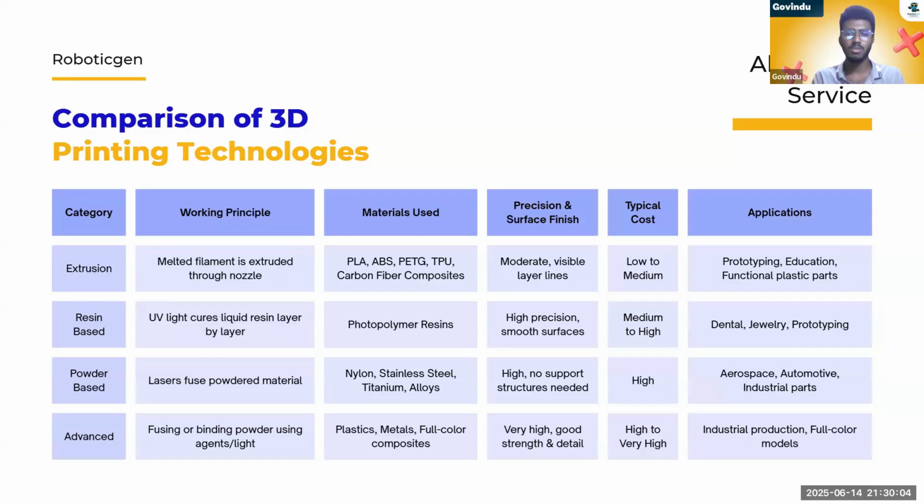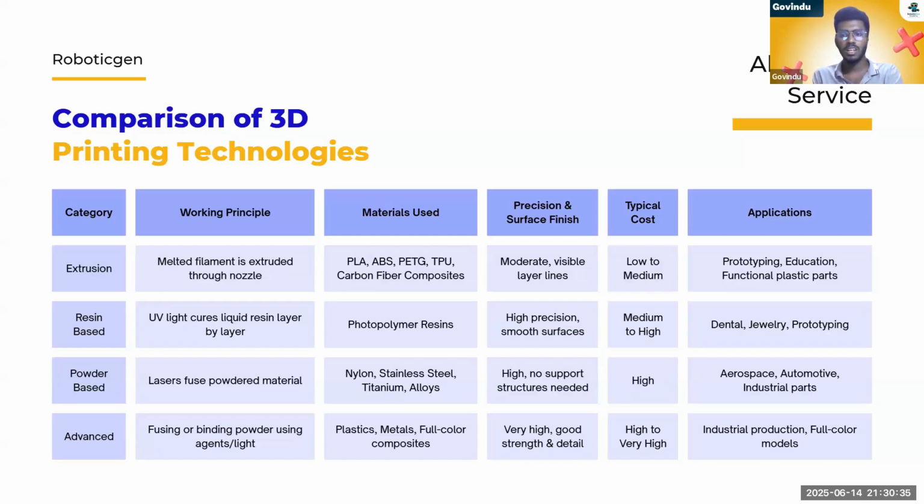Sometimes you don't need that much precision and surface, and sometimes you need a smooth surface and high precision. If you don't think about precision and smooth surface, you can use the extrusion based 3D printer. If you think about the precision and smooth surface, you can go to the resin based 3D printer.